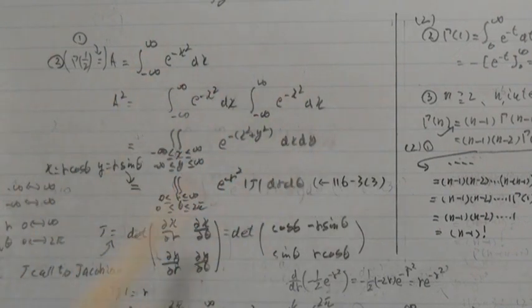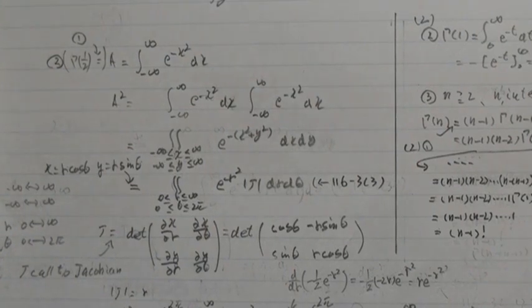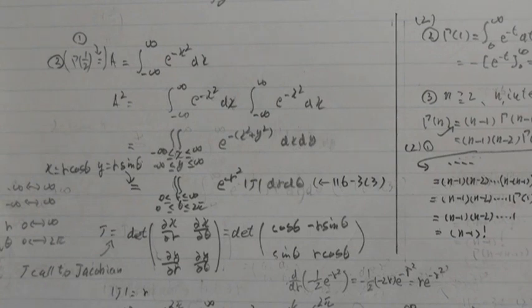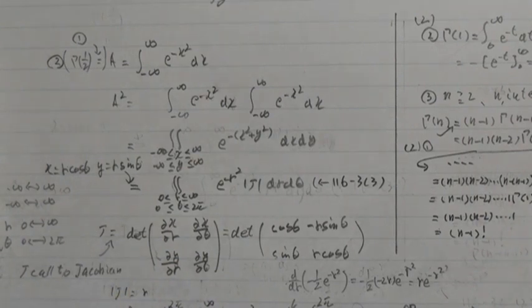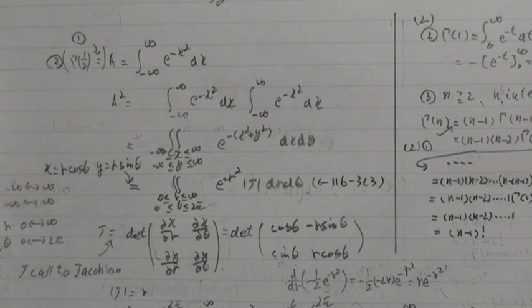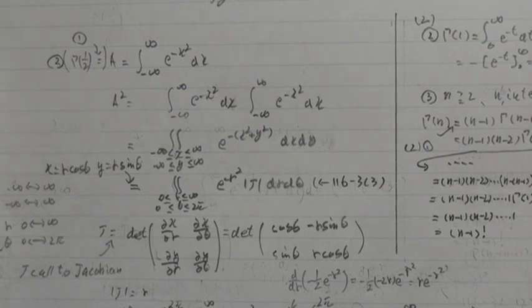This integral becomes r from 0 to infinity and theta from 0 to 2 pi of e^(-r^2), and dx dy equals the absolute value of J dr d theta, where J is the Jacobian. Calculating J, it equals r, so the absolute value of J equals r.